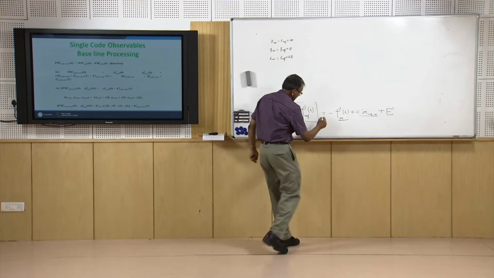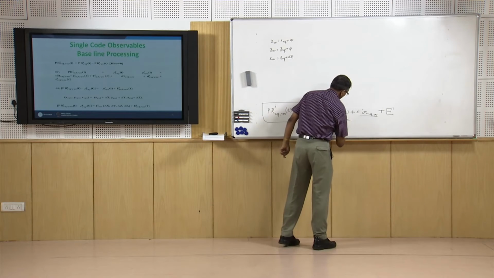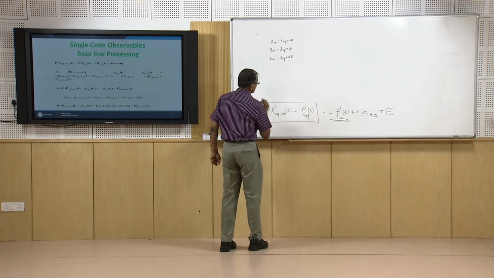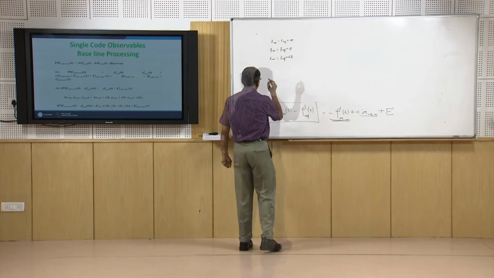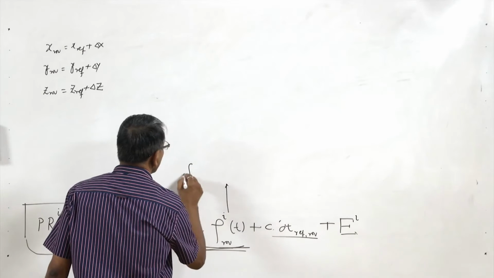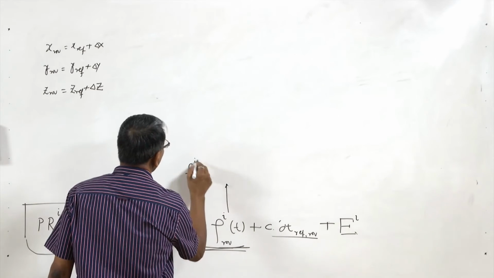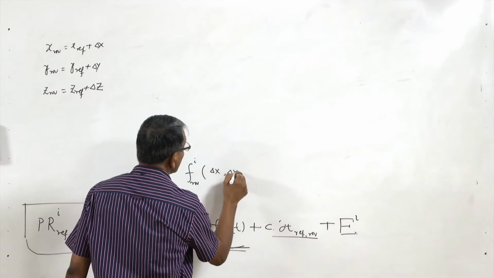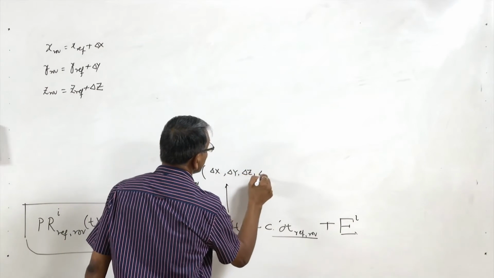So, this part is known, and this can be expressed as a function of rho bar with respect to del x, del y, del z.